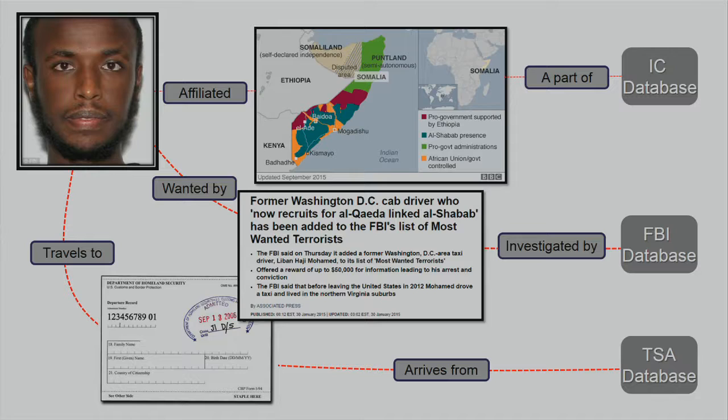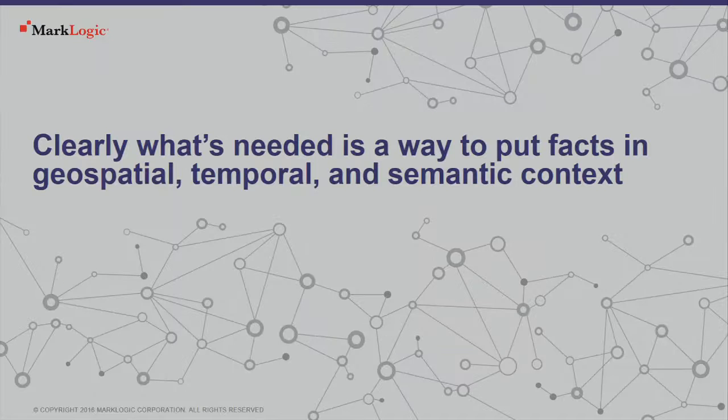This was just picked out of online articles and print journalism, and you start seeing the relationships between that suspect, the organization he's recruiting for, and the different organizations and data sources that contain information about it. So what's clearly needed is a way to put things in geospatial, temporal, and semantic context.